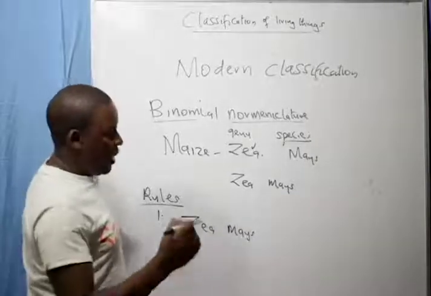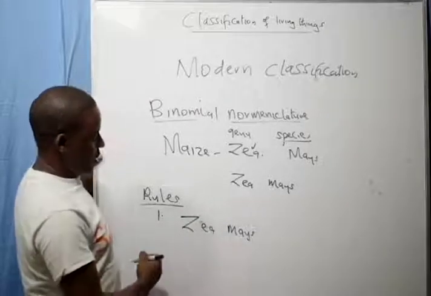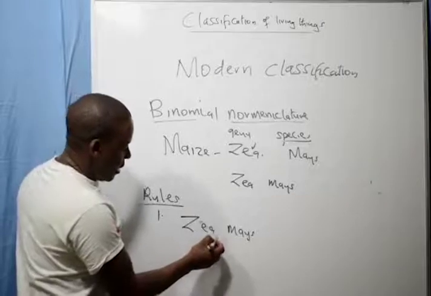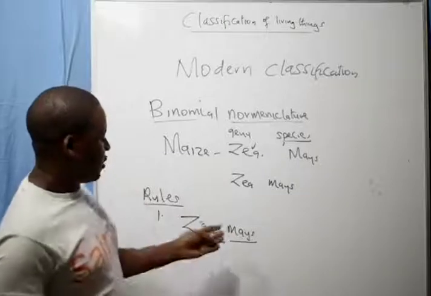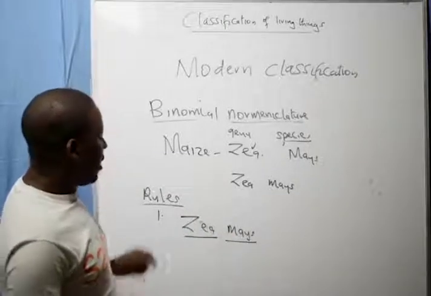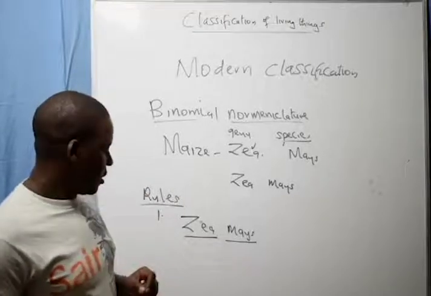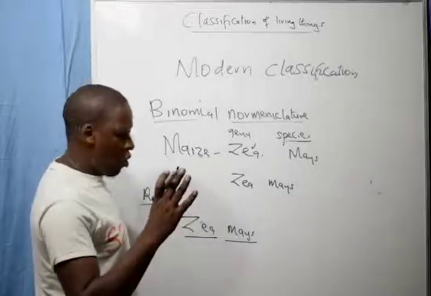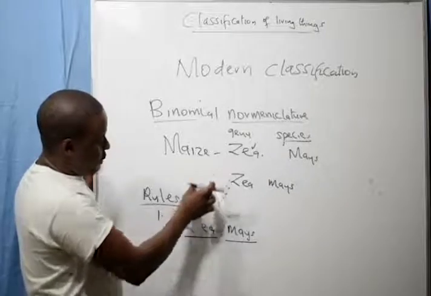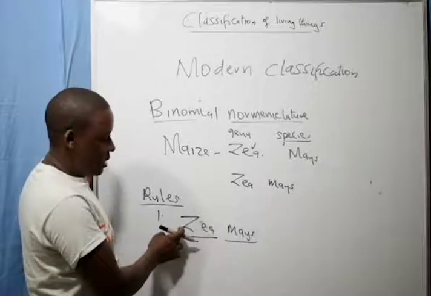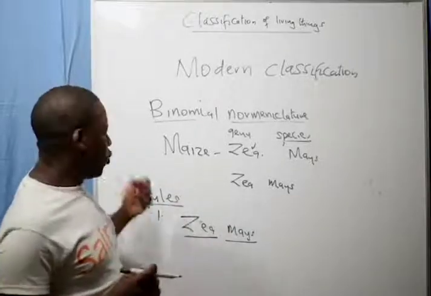Then, when the name is handwritten, when you're writing with your hand, the name should be underlined with separate lines. Now, if the name is typed, the first letter of the genus must be a capital, the rest should be small letter, and then when you're typing, you do not underline.